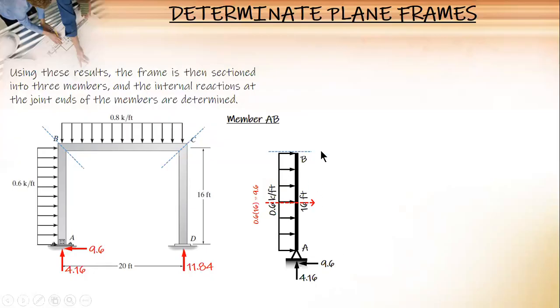Therefore, there is no shear here. The shear is zero. In the vertical, you only have one force, 4.16. Therefore, balance it with a downward force of 4.16. And then, moment. So, get the moment of this, 9.6 times 16 against 9.6 times 8.